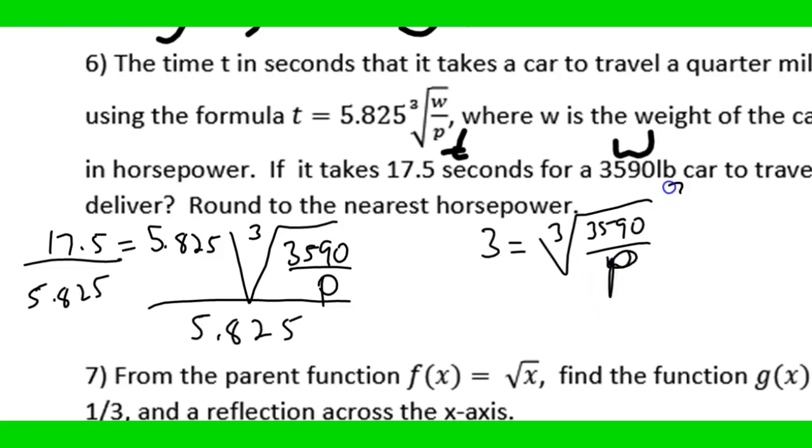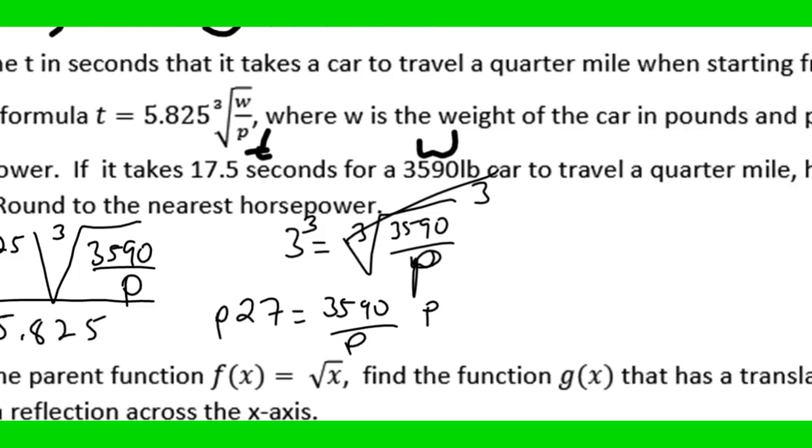So now I need to cube both sides. When I cube both sides, I do that to get rid of the radical. And 3 cubed is 27. And now I'm left with 3,590 divided by P. Now, to solve for P, I need to multiply by P on both sides.